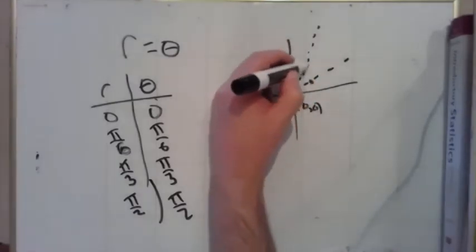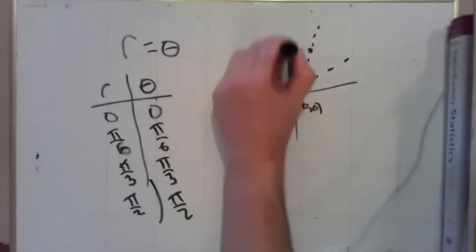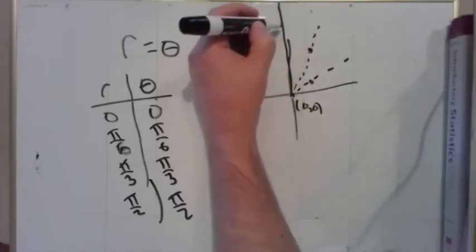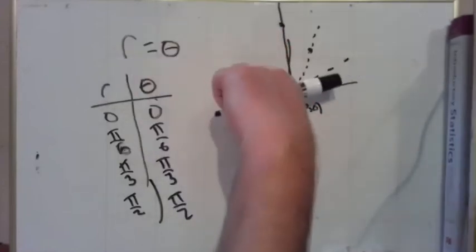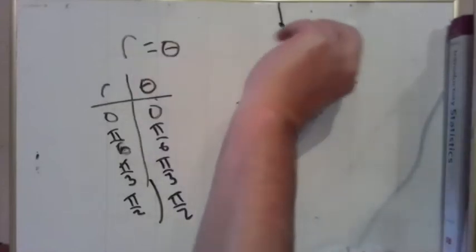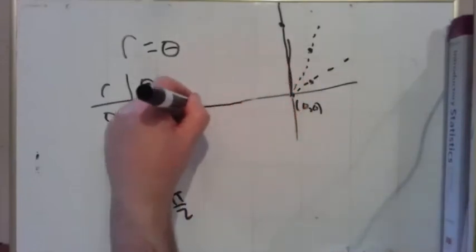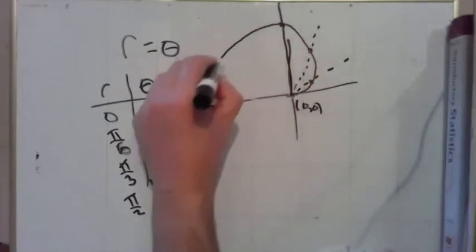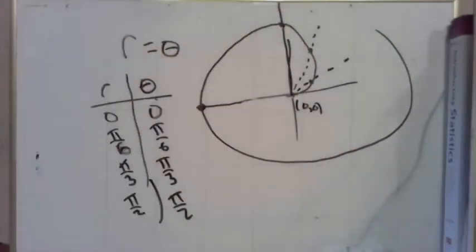At an angle of pi over 2, I go out pi over 2, so 3.14 divided by 2. I go out that distance and so forth. Over here, I'm rotating to my angle pi. I would go out a distance pi. And if we connect all those points up and we keep going, this is just going to keep getting bigger and bigger. It's a spiral.